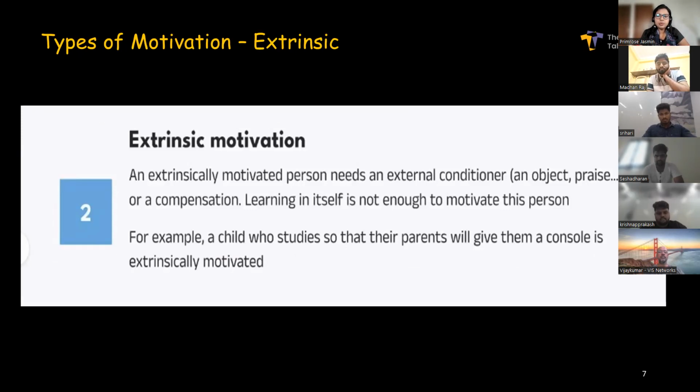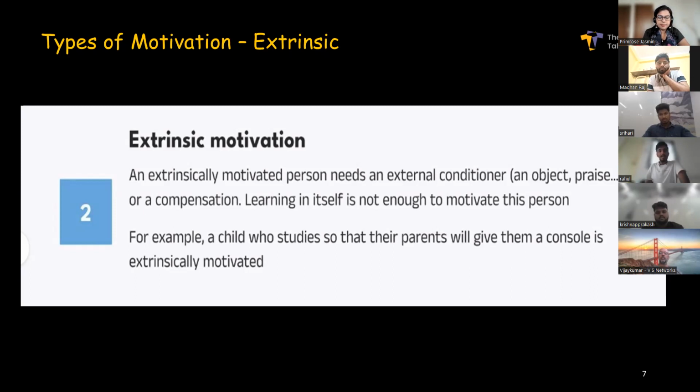Yeah. Rahul, can you please read the slide for us? Jasmine. Extrinsic motivation and extrinsic motivation personal needs a external conditioner, Conditioner, an a observer price, or a compos compensation, compos compensation, compensation. compensation.